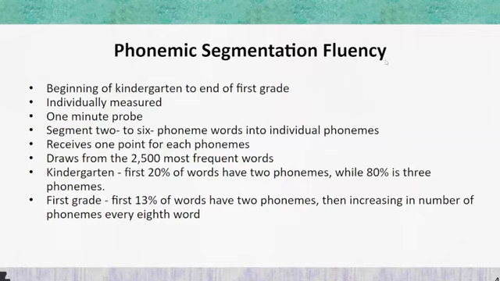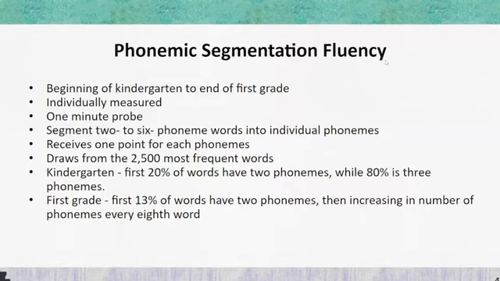For example, if the examiner said sat and the student said s, a, t, the student would receive 3 points for the word. After each response, the examiner presents the next word. Students are given 1 minute to segment the words into phonemes.